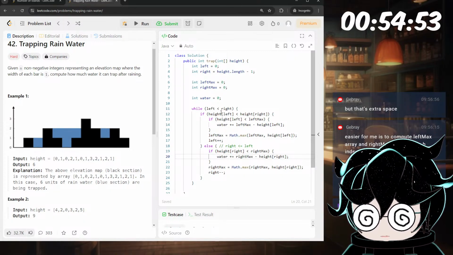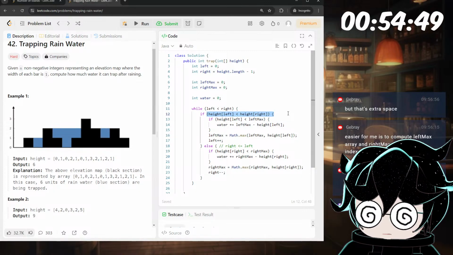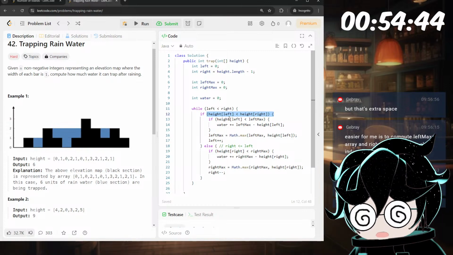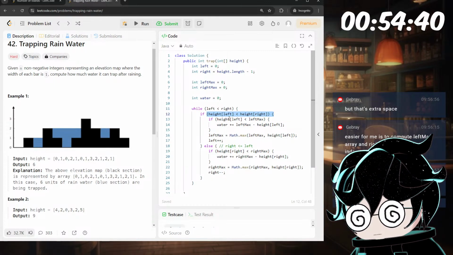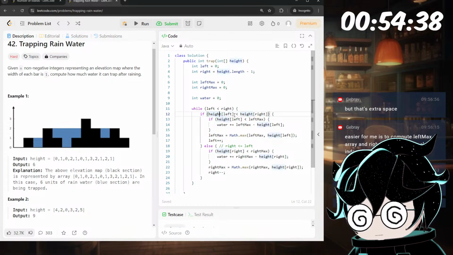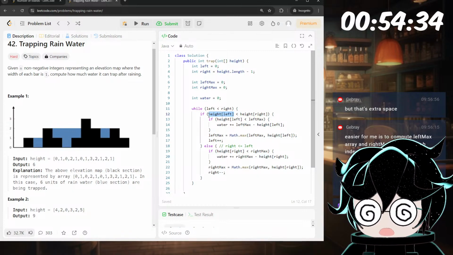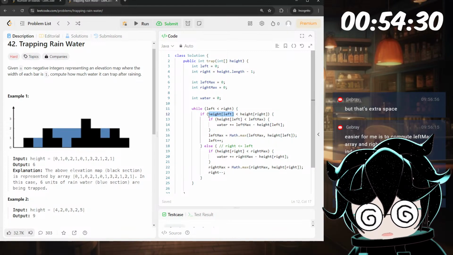I'm still kind of iffy on the if conditions here. Should we do this based on the left max or the right max? Why does my gut feeling tell me this should be based on that? Because what does the current height have to do with anything, right?